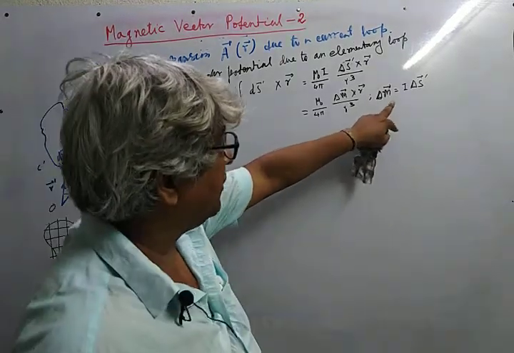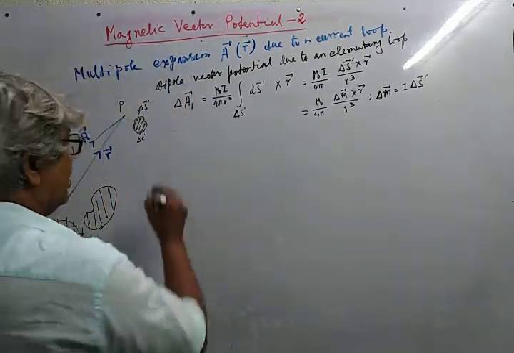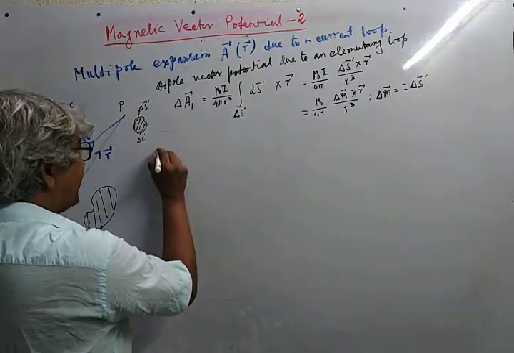Before putting a name to delta m, let us calculate the corresponding magnetic field.